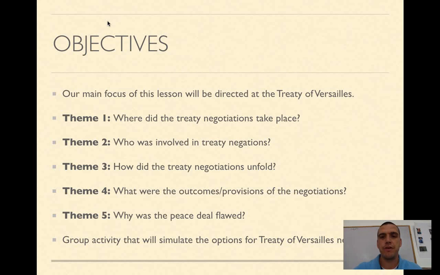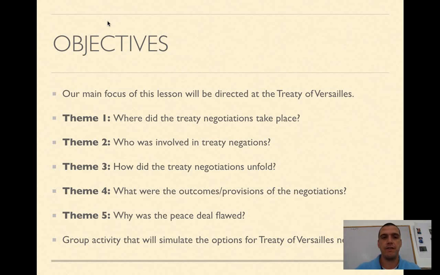But my main focus here is the Treaty of Versailles because this is an extremely important moment in history, not only for Europe, but for the rest of the world. So this is going to be our focus of the lesson.